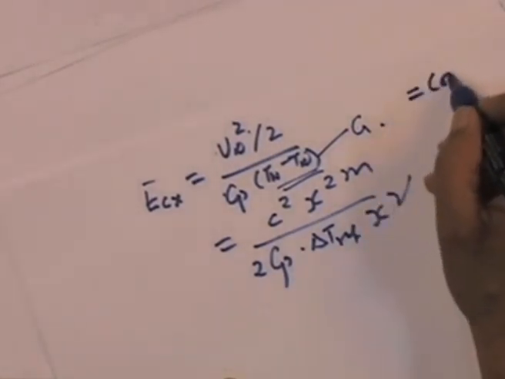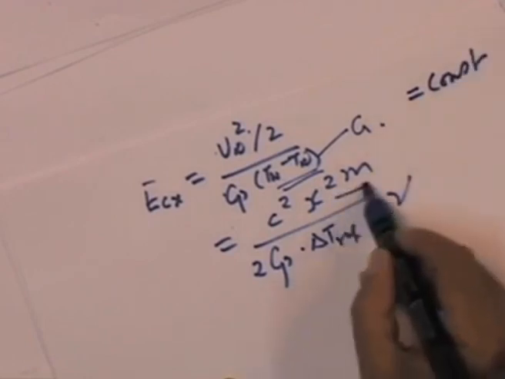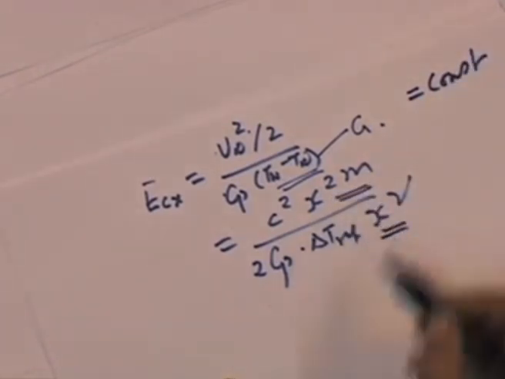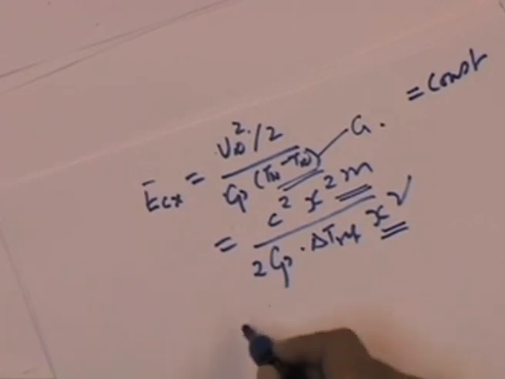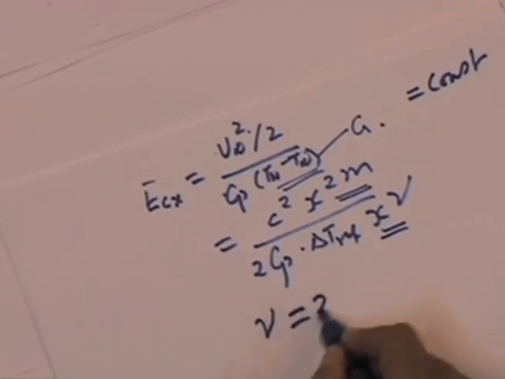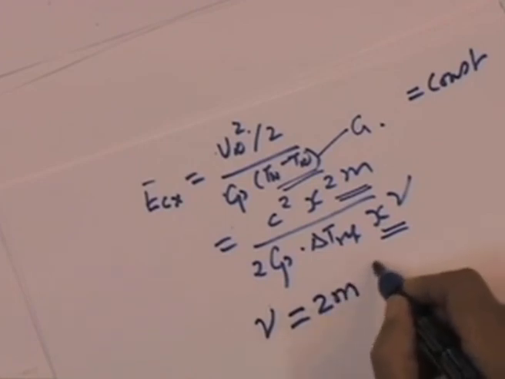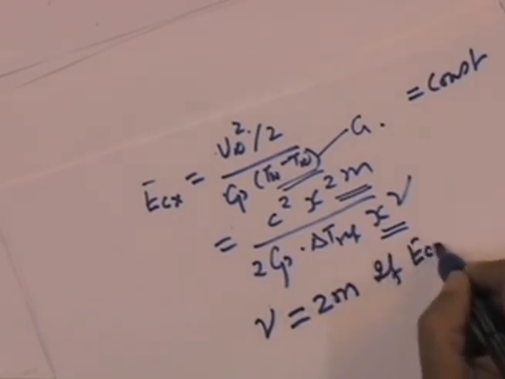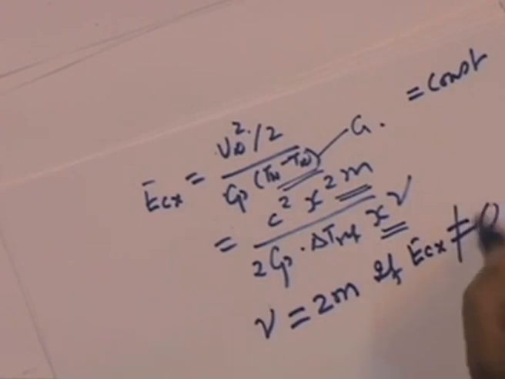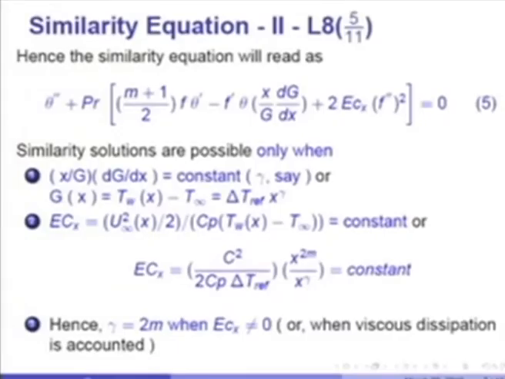If this is constant, then this and this must cancel, which means gamma must equal 2m if E C x is not equal to 0. So, remember, similarity solutions to the temperature boundary layer are possible when E C is ignored, that is, viscous dissipation is ignored, then gamma can take absolutely arbitrary values.